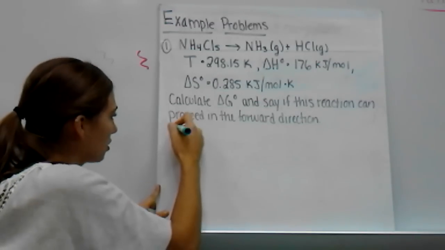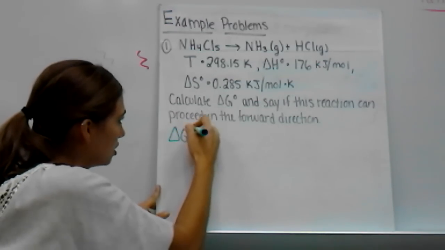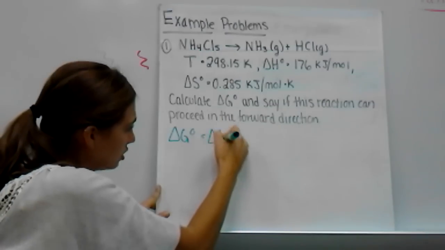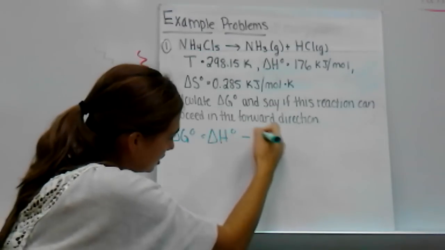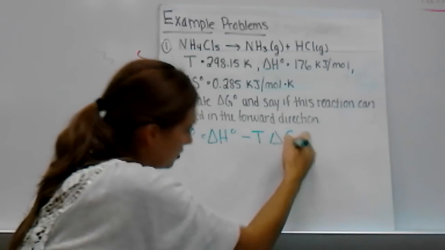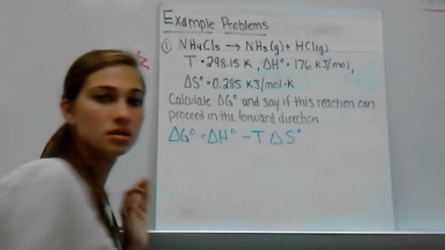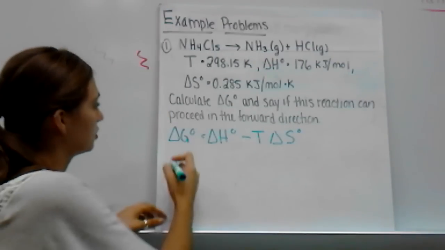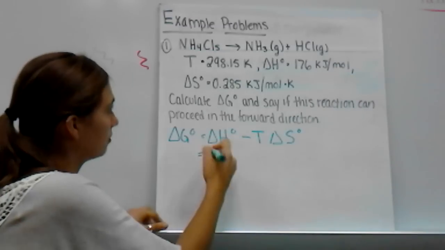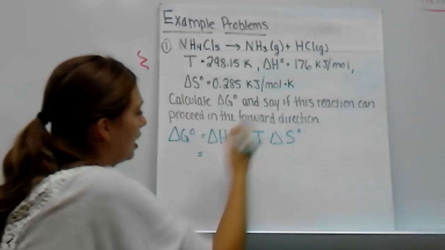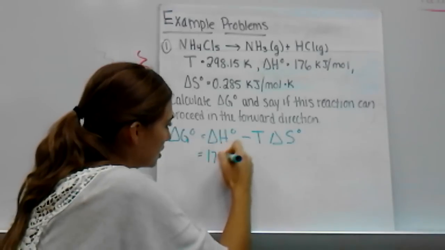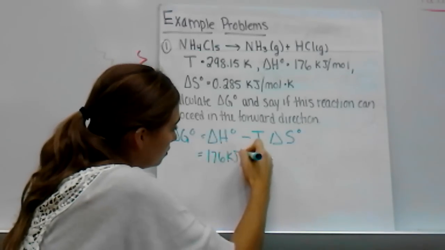So if it can proceed in the forward direction, that's telling us that it is spontaneous. Okay, so our equation here is delta G is equal to delta H minus temperature times delta S. So what we're going to do now is just plug this in. So it's told us that our delta H was 176 kilojoules per mole.